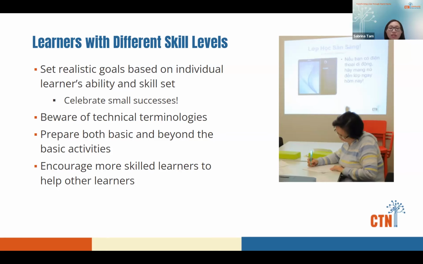Right. And sometimes if there's more skilled learners in my class, I always encourage them to help other learners, like be my teaching assistant, help others. I found that always helps, because our training most of the time is focused on basic skills, and some of the people who already know all those basic skills may feel disengaged or distracted.